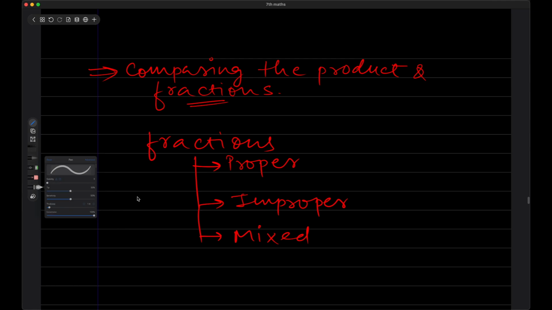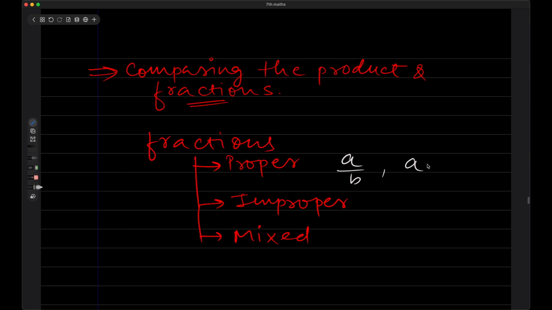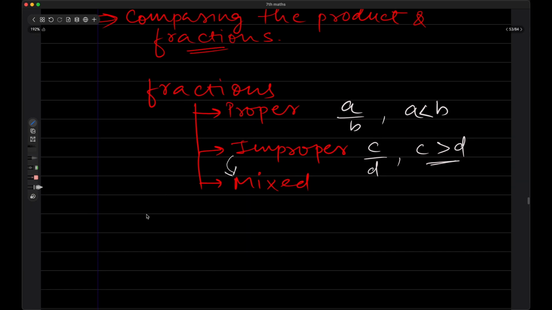Proper fraction is of the form a divided by b, where a is less than b. We have improper fraction, of the form c divided by d, where the numerator is greater than the denominator, and mixed fraction is the improper fraction written in mixed form.